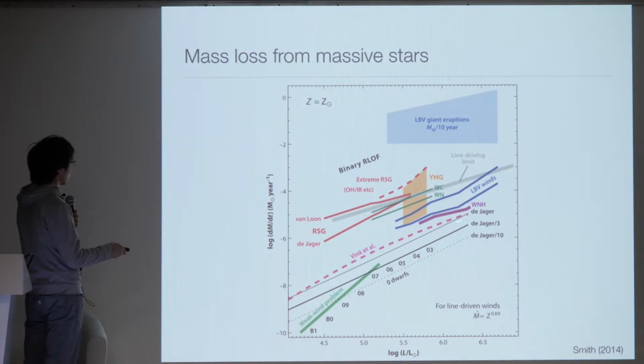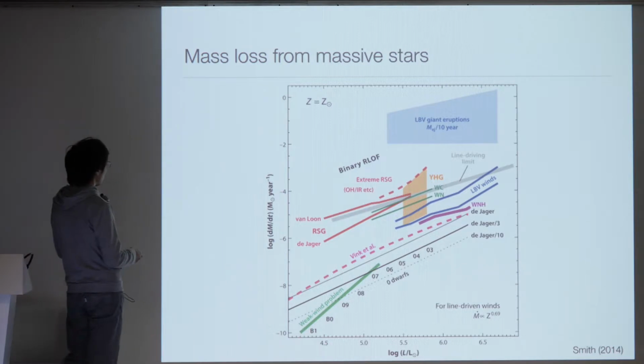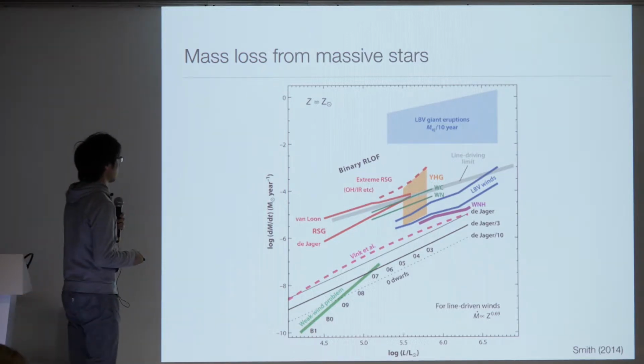At the highest end, let's say it goes to 10 to the minus 5 solar mass per year or so. And then as stars cool down, they go to red supergiants, and the cooler stars tend to have higher mass loss rates. There's some uncertainty in the red supergiant mass loss rates, but they come around here and go up to around 10 to the minus 4 solar mass per year.